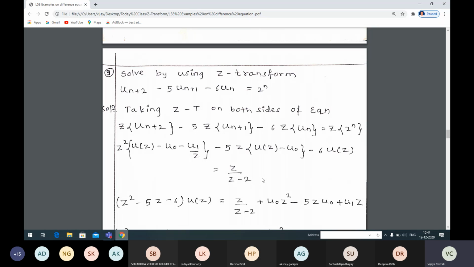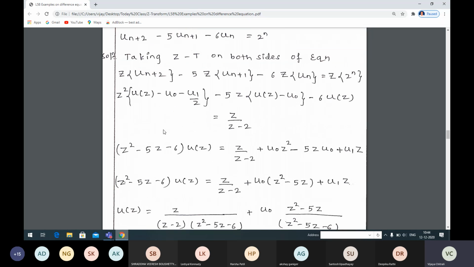z - 2. Now collect the coefficients of U(z) on one side. The U(z) coefficient of this is z^2, of this is -5z, of this is -6. This is equal to transferring the rest of the things, minus u_0 and minus u_1/z, from LHS to RHS.